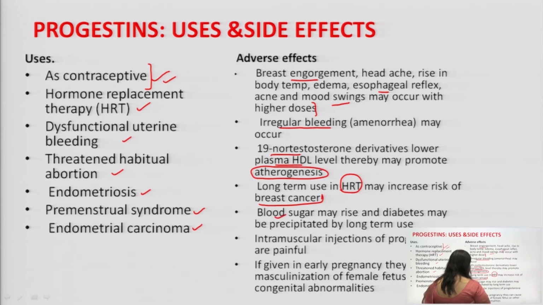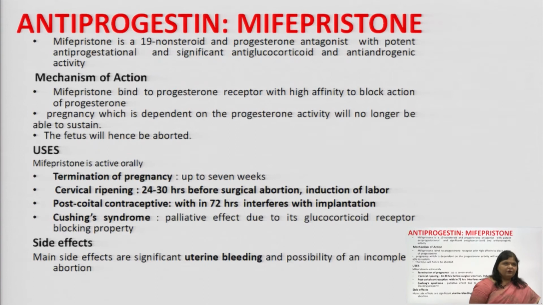They can lead to an increase in blood sugar, so diabetes may be precipitated, and intramuscular injections of progesterone are very painful. If given in very early pregnancy, they may cause masculinization of the female fetus, or certain congenital abnormalities could be caused. So that was all about the progestin.